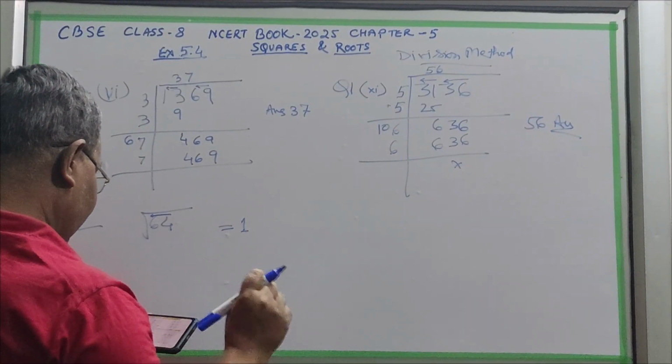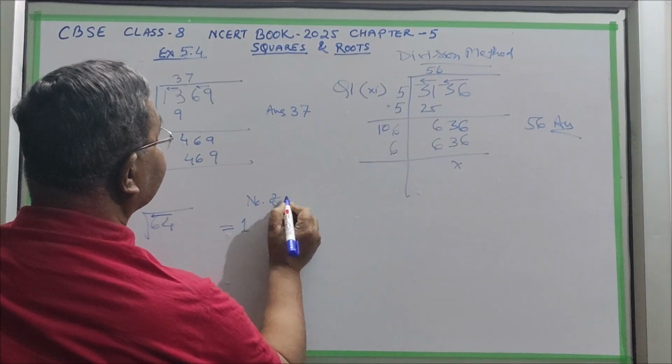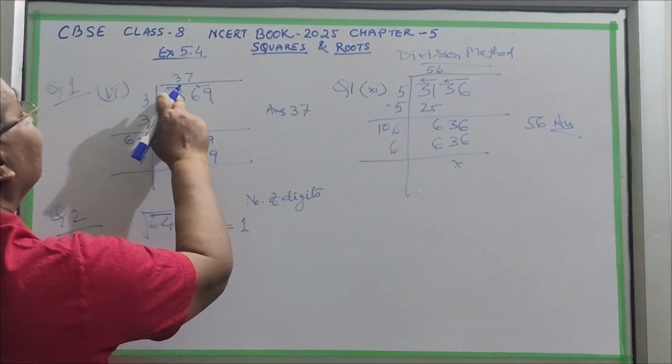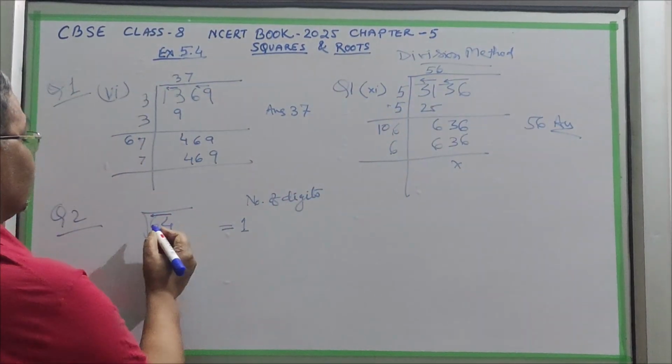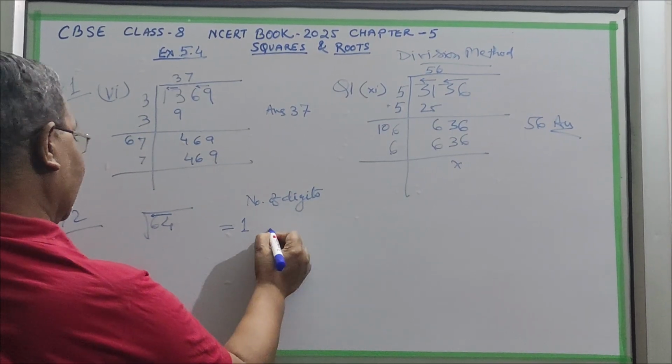Find the number of digits. The number of digits depends on these brackets, how many you have made. So here only 64, only 1 bracket. So the number of digits is 1. This is your answer.